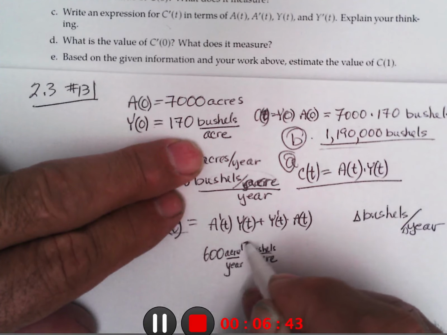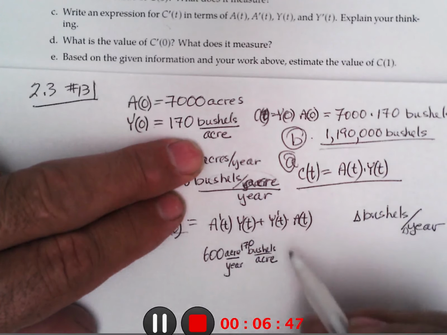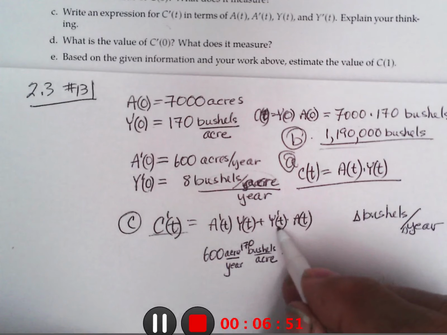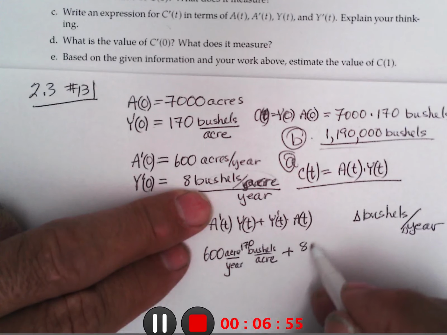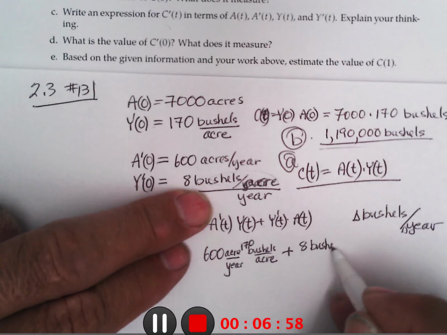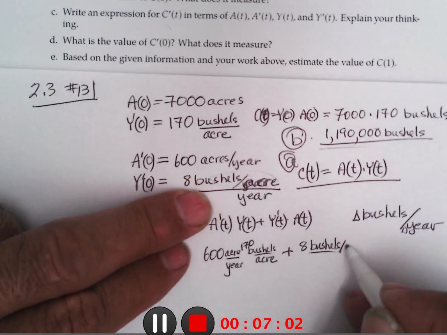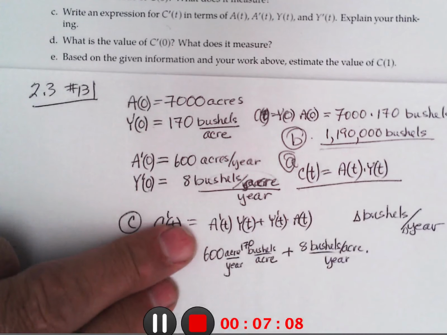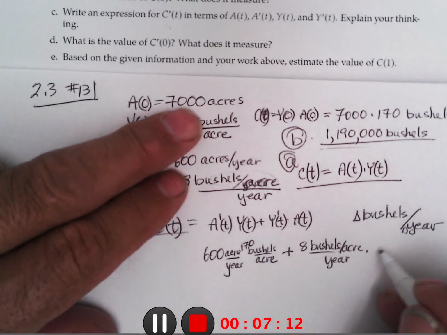Got so focused on the units. Okay? Plus Y prime of t is 8 bushels per acre per year, times A of t, which is 7,000 acres.